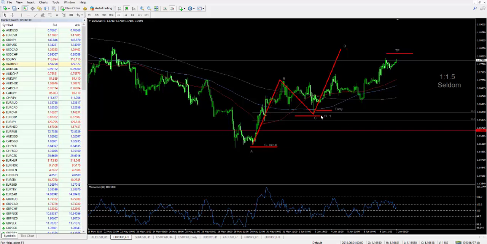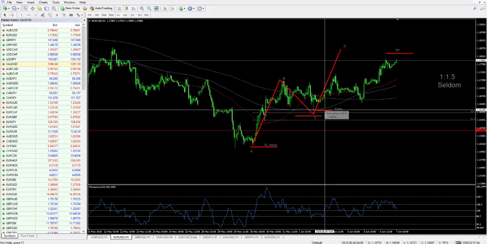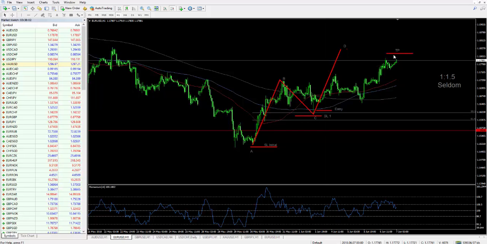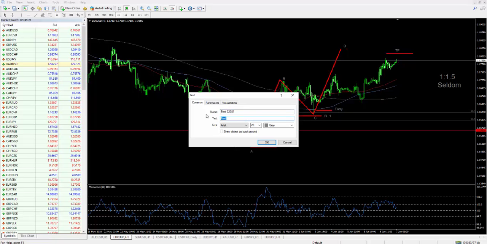If we've got our entry now, let's measure it. Measure entry to stop 1 is 16 pips versus 182 pip, 183. Let's work that out. 16 divided by 183, no, it's 183 divided by 16 equals 11. 1 is to 11.